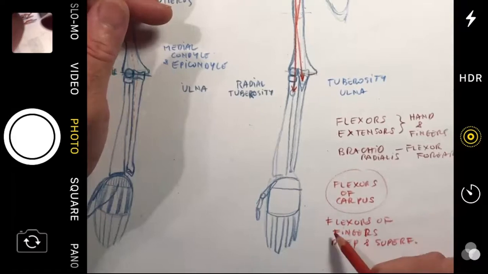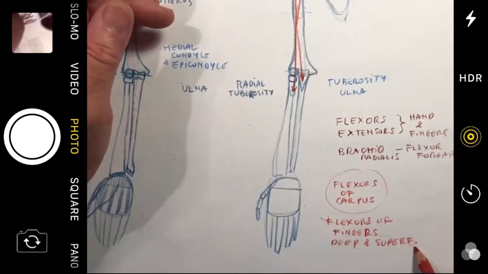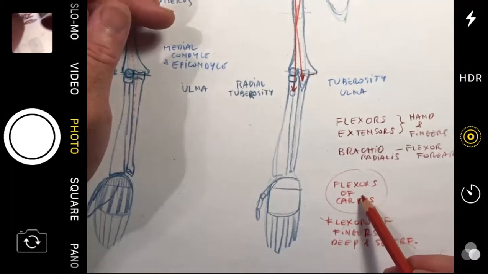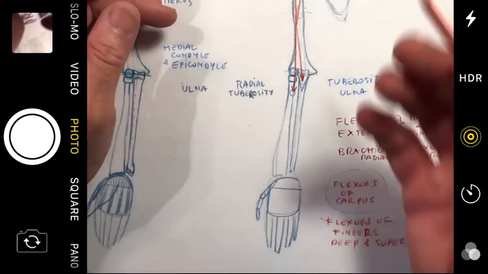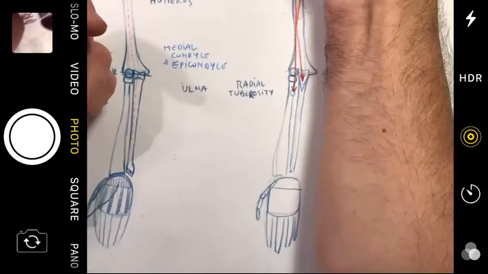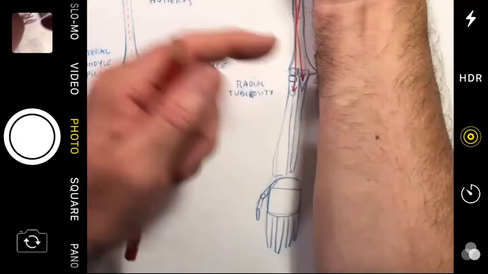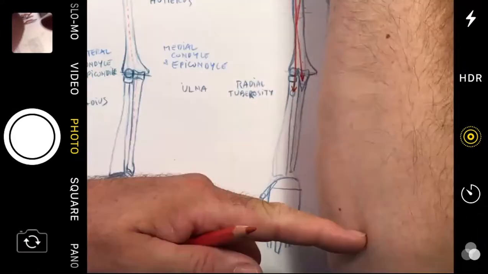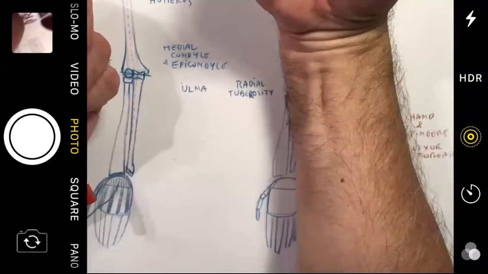We're not going to worry about the deep ones today. We're going to worry only about the superficial ones. We see them. So when I do this, right? When I do this, I see the muscle moving, and mostly what I see, some flexion of the fingers, but mostly what I see when I move this is all the flexion of the hand, right? The hand like this, right?